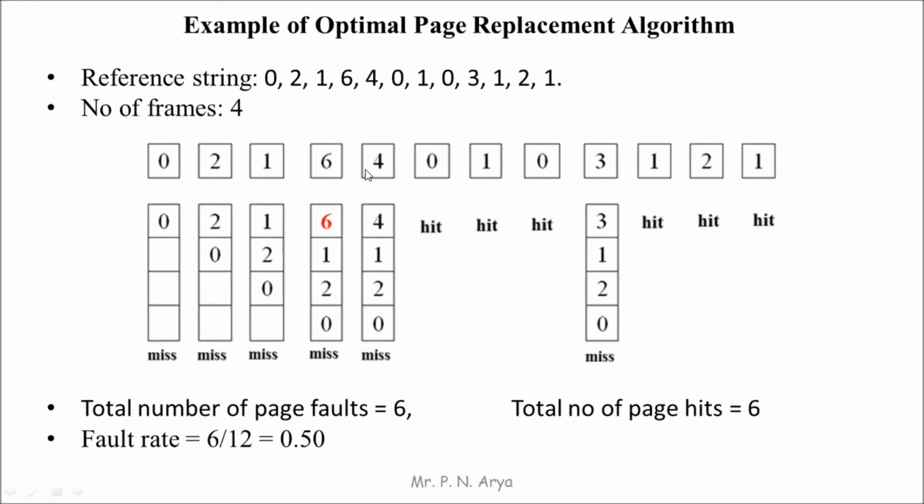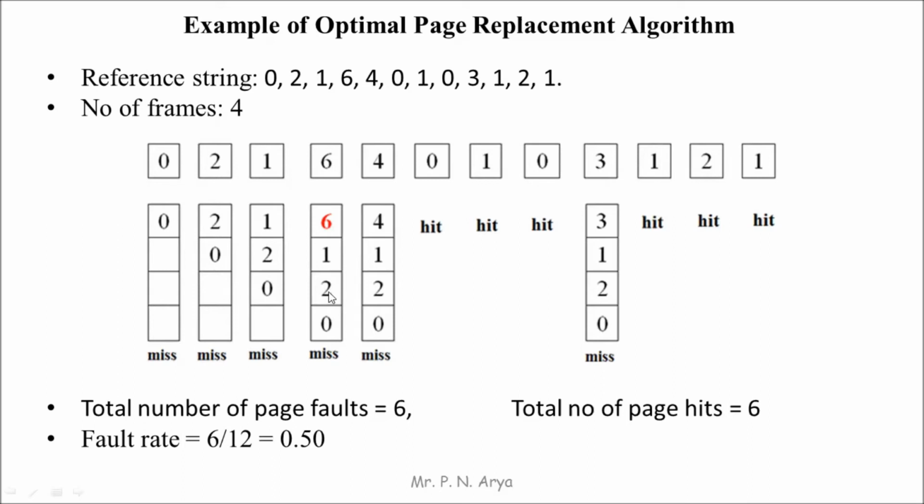So we check 6, 1, 2, 0. Looking at the future reference string, 0, 1, 0 are also used in the future.